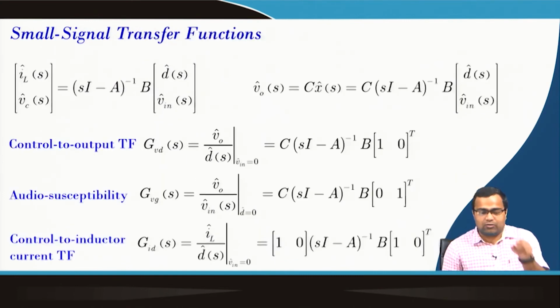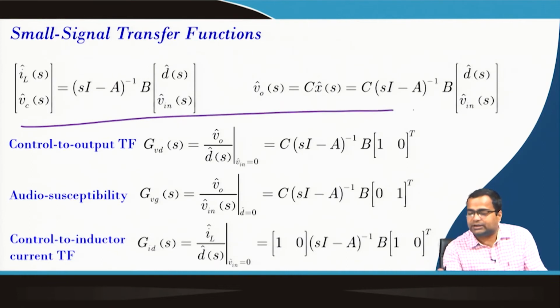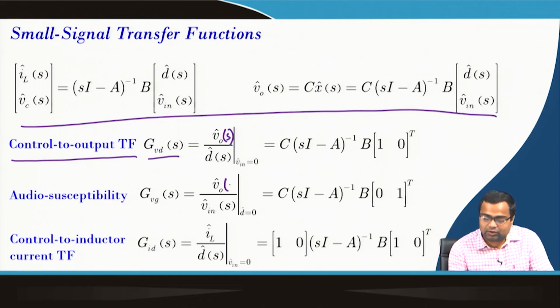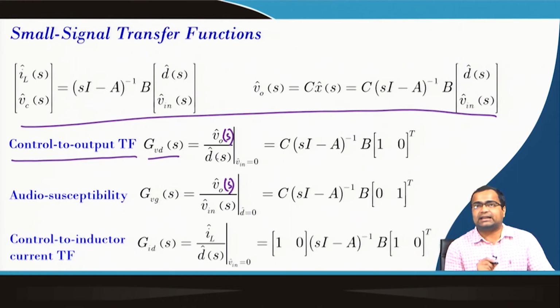How can you obtain now using this model? These two models we have already discussed. How can you obtain the control to output transfer function, which is Gvd(s)? That means it is v̂o(s) by d̂(s), which is obtained without considering any perturbation in the input voltage, because it is a control to output transfer function, where we keep the input voltage constant.